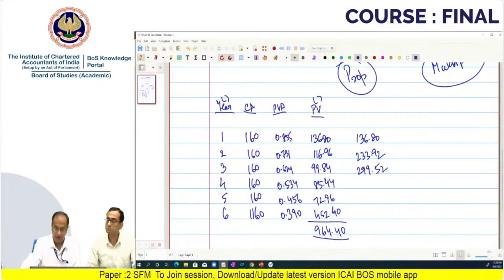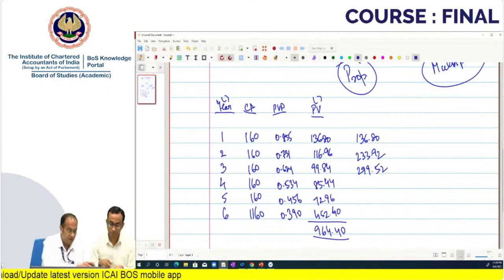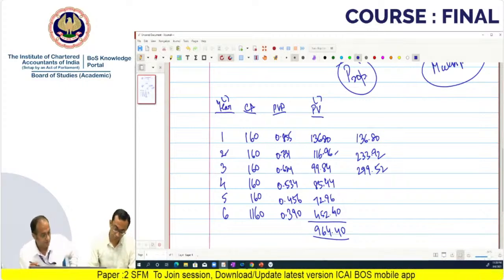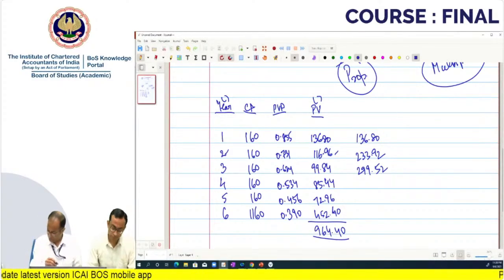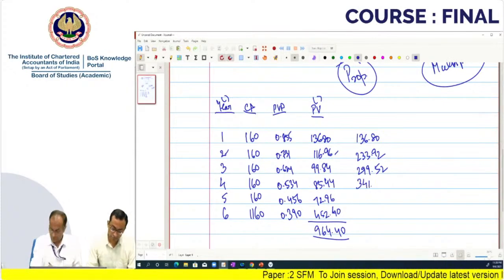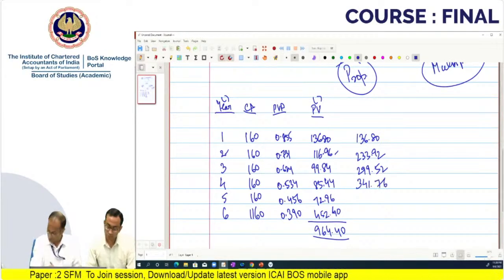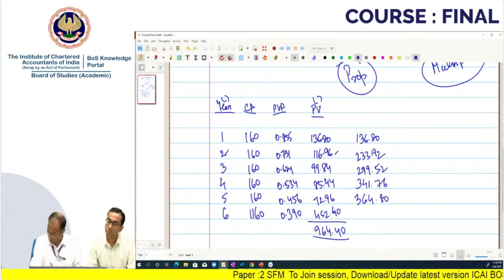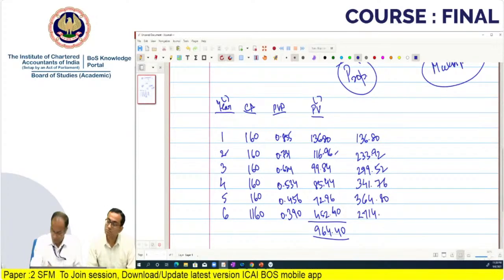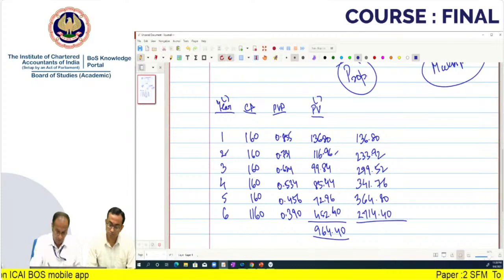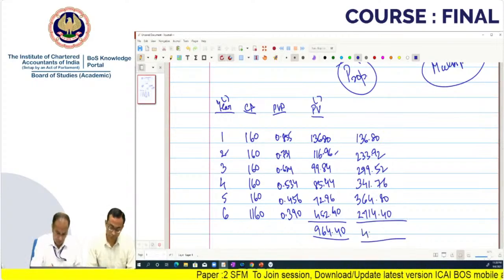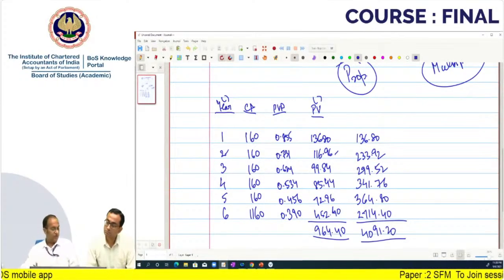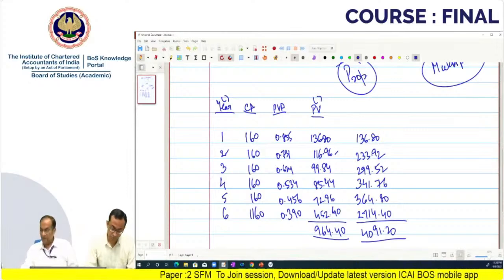Or you can do one thing, you just check it on the calculator. This is 2 into this, and similarly 3 into this. Just check it quickly. If there is any mistake, student, you can also check.